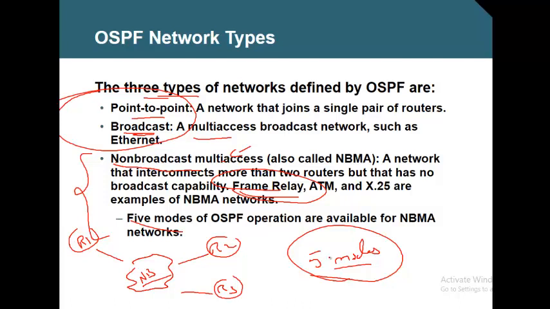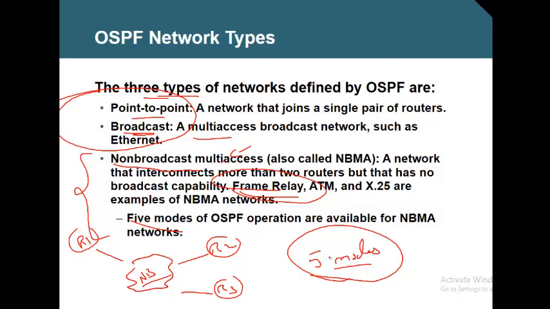So the purpose of learning NBMA mode is to understand those 5 modes so that I can use them in a broadcast environment or point-to-point environment if I wish. But in Cisco only we see that 5 modes.